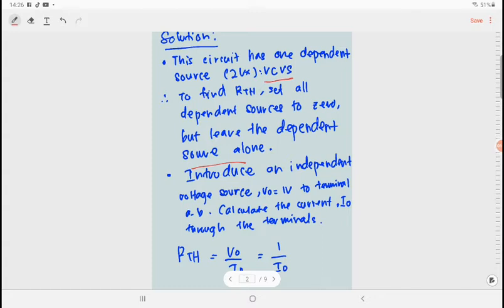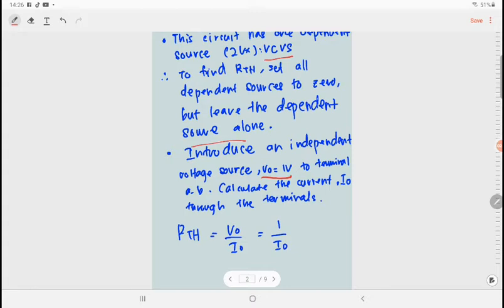Therefore, the next step is to introduce an independent voltage source V0 equal to 1 volt at terminal AB. Then you need to calculate the current I0 through the terminal in order to get the value of R Thevenin. R Thevenin can be calculated using this formula: RTH equal to V0 divided by I0.